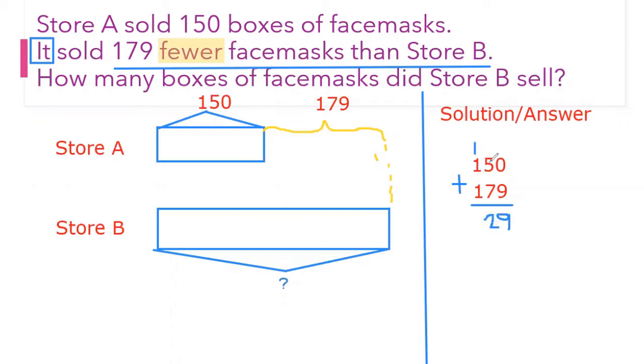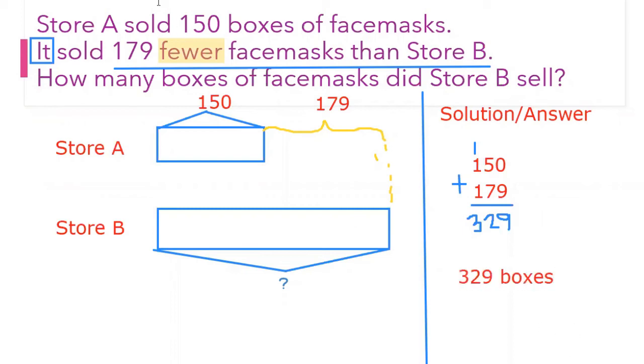Then 1 plus 1 plus 1 gives us 3. Our final answer is 329 face masks. So how many boxes of face masks did store B sell? 329 boxes of face masks, or 329 boxes.